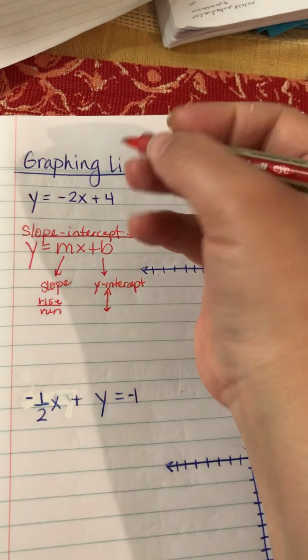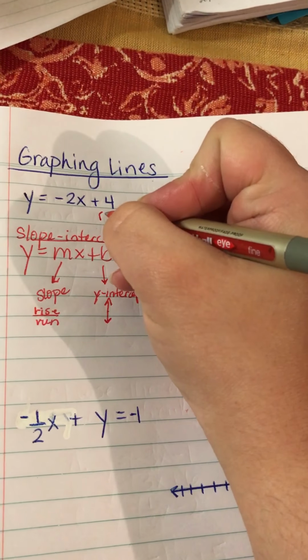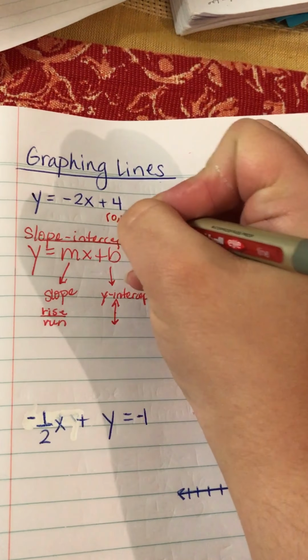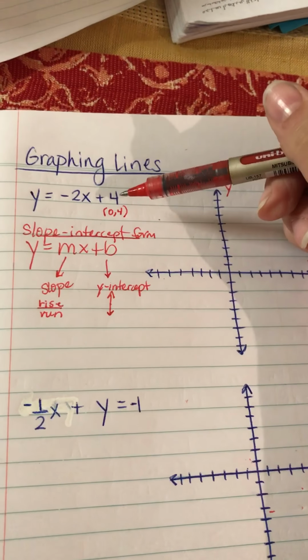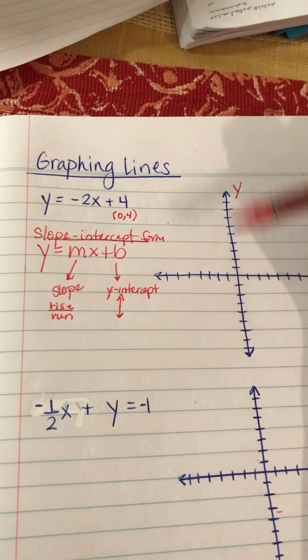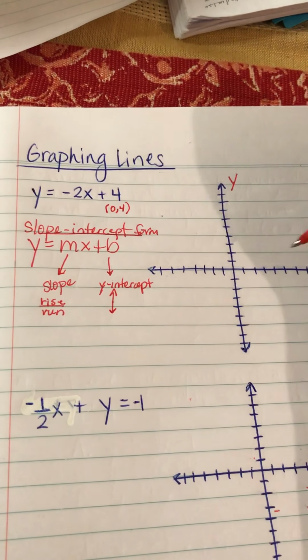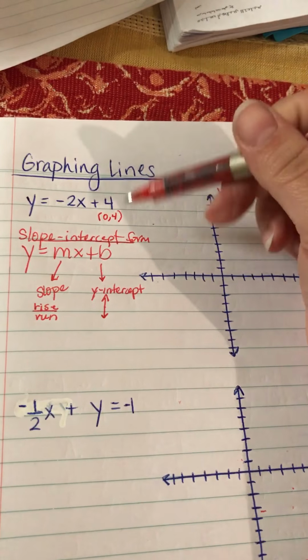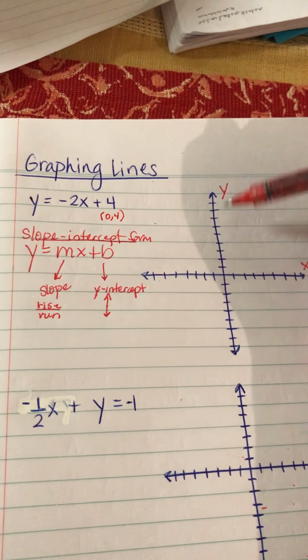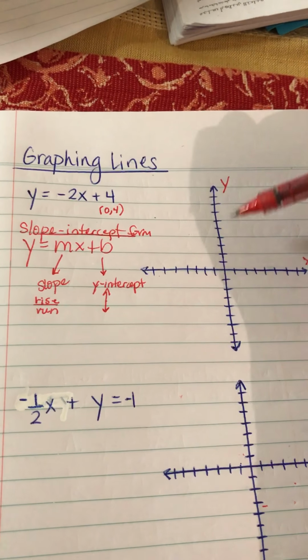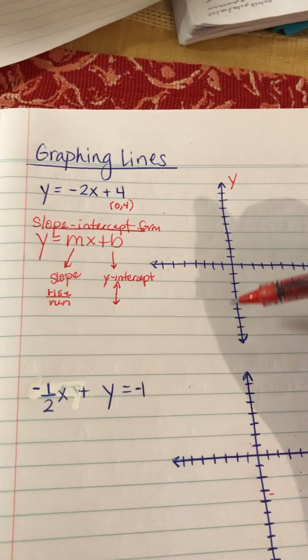All right, we're going to start at the y-intercept in this case. We know that this ordered pair is at (0, 4). If it's on the y-axis, it has a 0 for the x because it doesn't go anywhere on the x-axis from the 0. And then it goes up or down. These are positive y values, and these down here are negative y values.